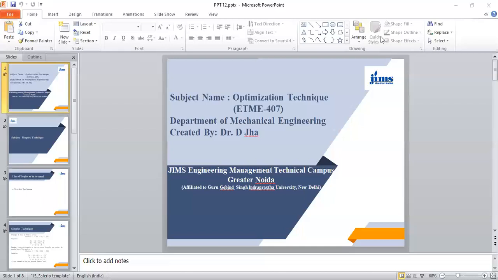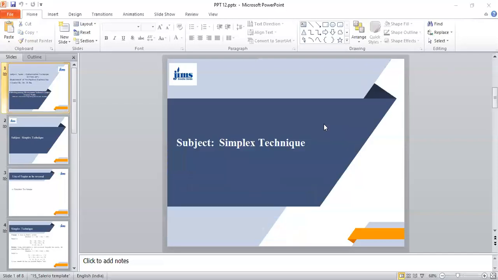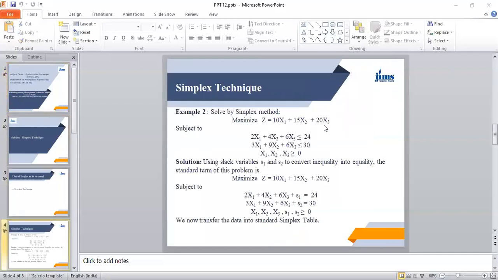So we are advancing our discussion, and now we are going to discuss another maximization problem where the number of variables is more than 2. You might have read in your schools that in simultaneous linear equations, if the number of variables is 2, then you need to have two equations to solve them.